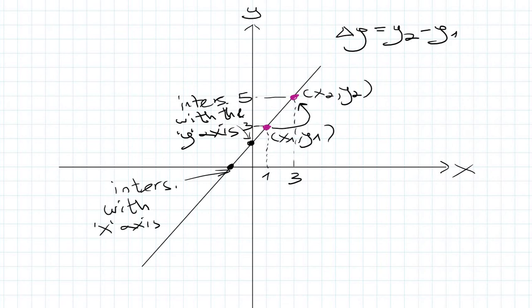So this is the difference in height that we get as we move from the first point to the second point on the line.